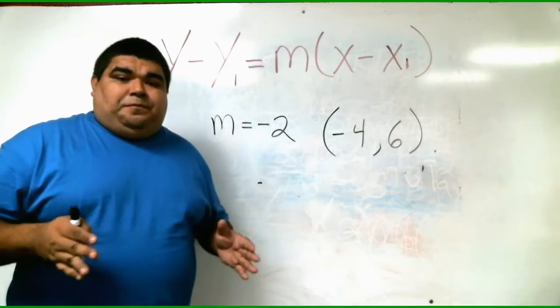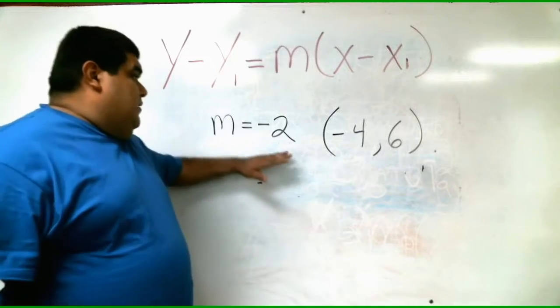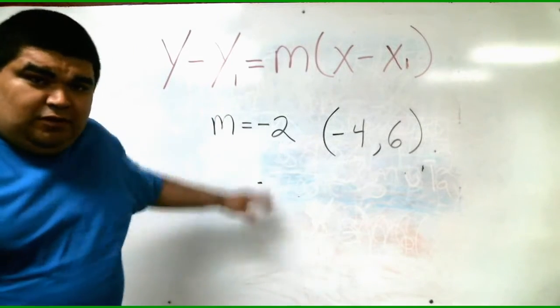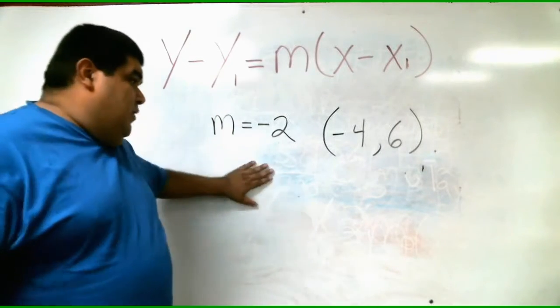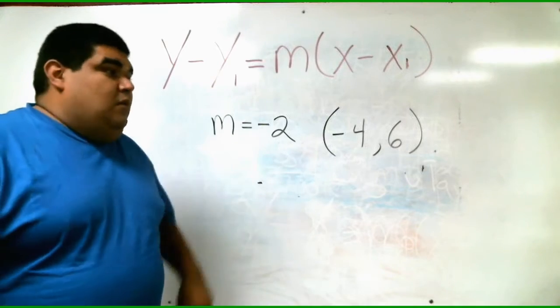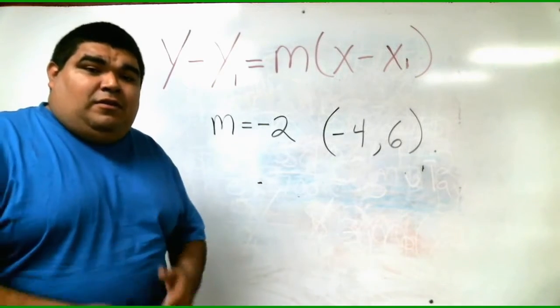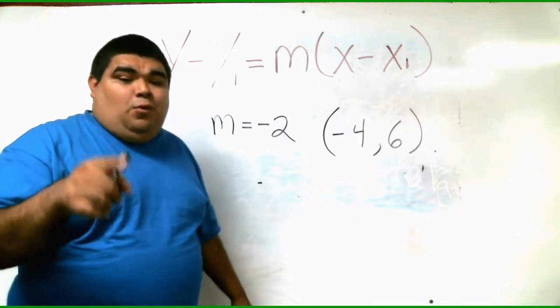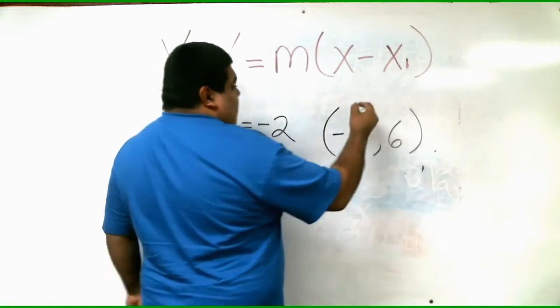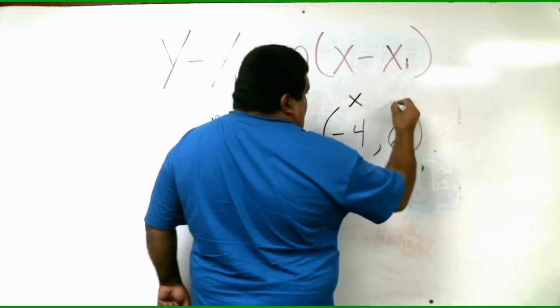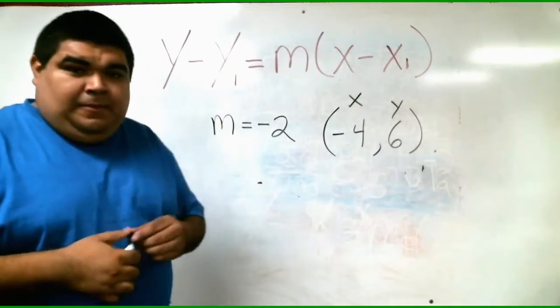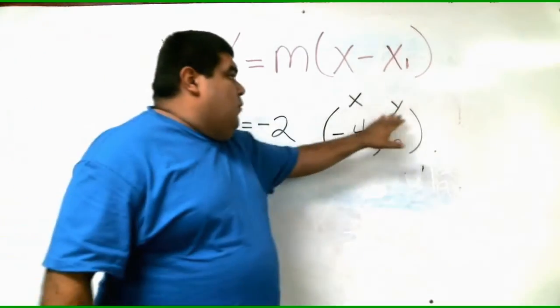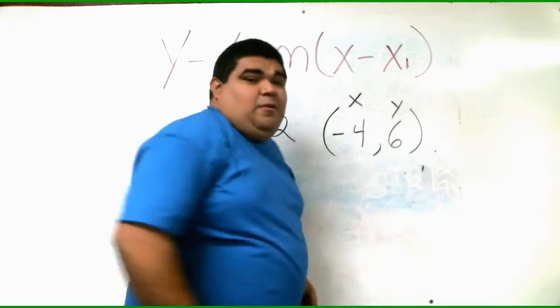Now, notice that your slope is already solved for, so you don't have to really use the equation on this one to solve for the slope. All we have to do now is label the coordinate. Remember, makes it easier. x and y. So we have x and y. Notice I don't put x1 and y1 because there's only one coordinate right now.